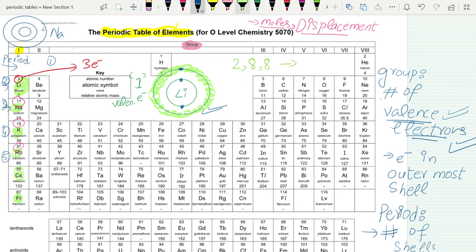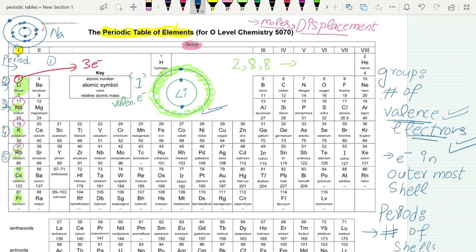It has 11 electrons: 2 in the first shell, 8 in the second shell, and 1 electron in the third shell. This is the correct way to draw the electronic configuration. Now it has only one valence electron, and hence it is in group 1.